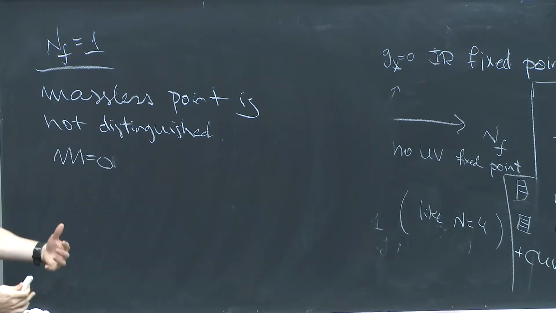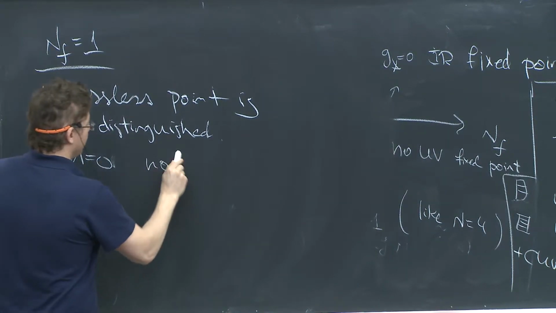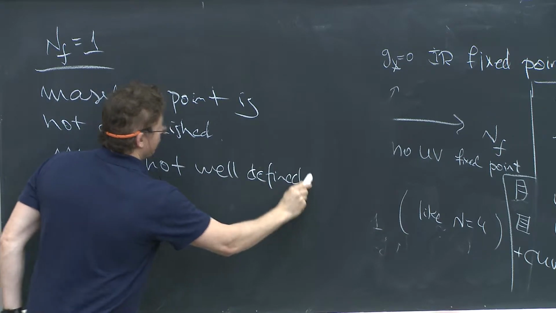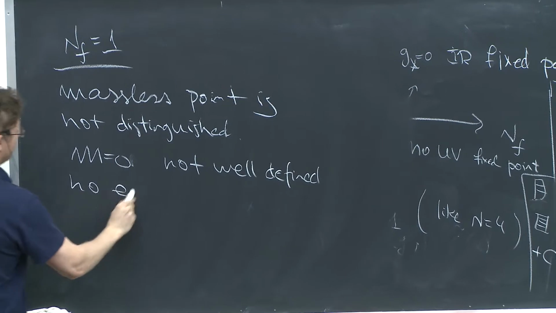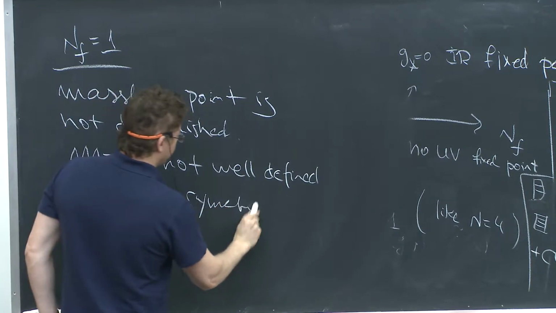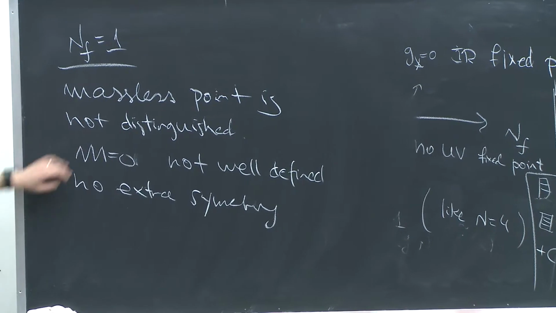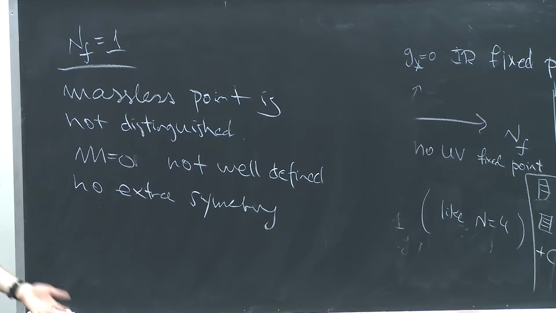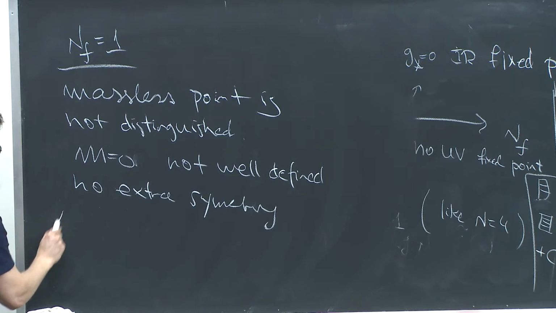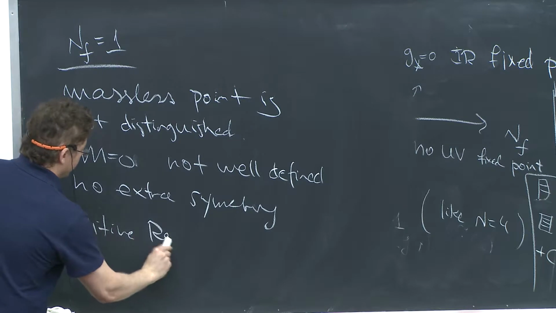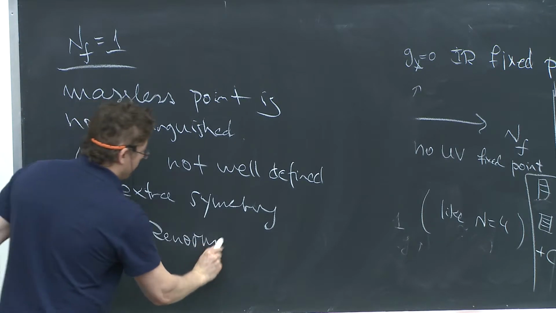There is no extra symmetry at the massless point. And therefore, in fact, when you do RG computations, you find that M has additive renormalization. So even if you start at 0, you may move to negative or positive. So there is additive renormalization by logarithm.